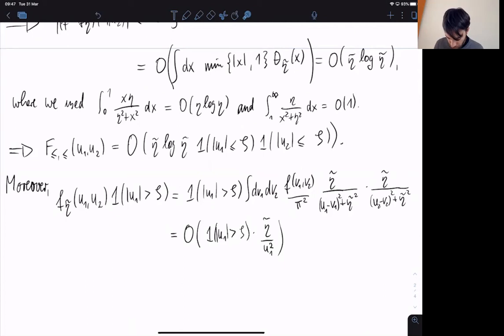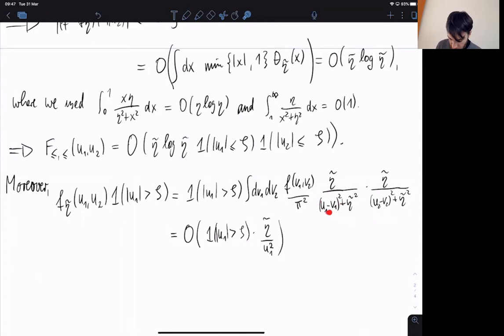And then what I'm left with is integrating this here over a bounded area where I know that the u1 is very big. So then I can just estimate this here by this ratio, and then the v1 will not play a role because this is bounded, and the u1 is at least zeta. So remember that this has the n to the eta.